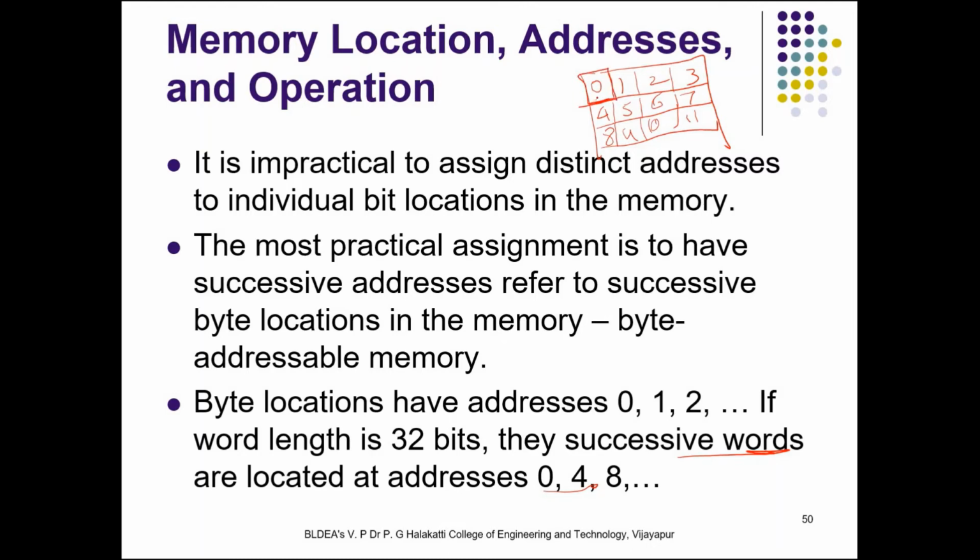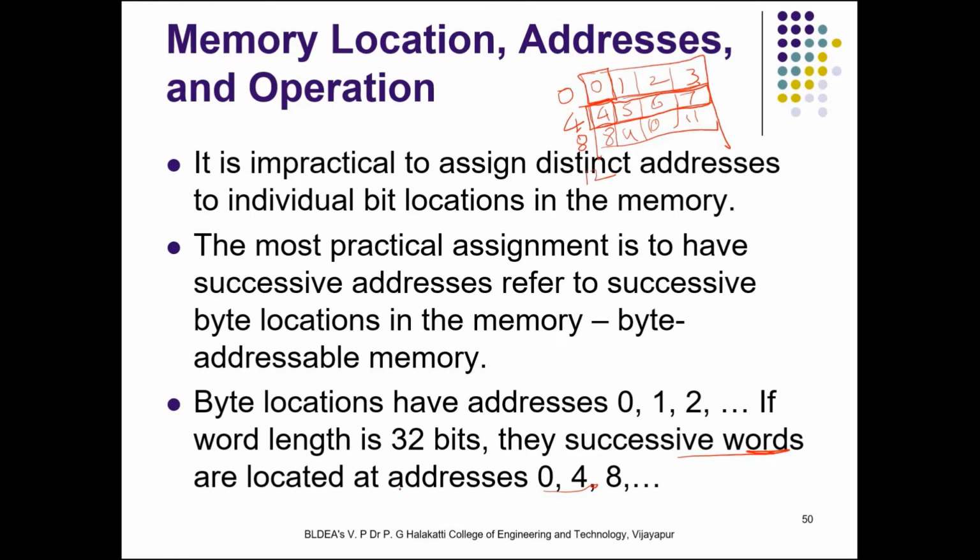So this is the byte address. Byte address is 0. This is the first byte located in this particular word, so we give the word address as 0. Similarly, this is the first byte in this word, so we give this word address as 4. Similarly, word addresses 8, 12, and so on.